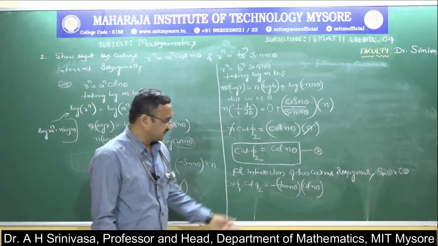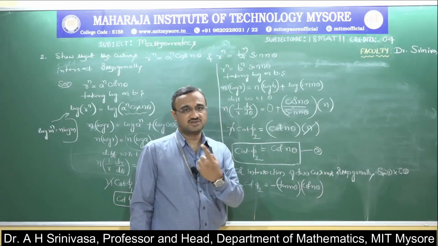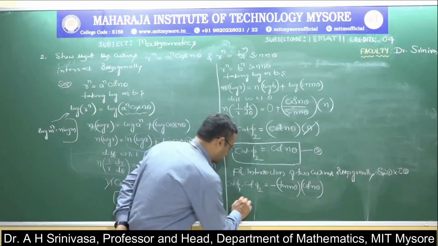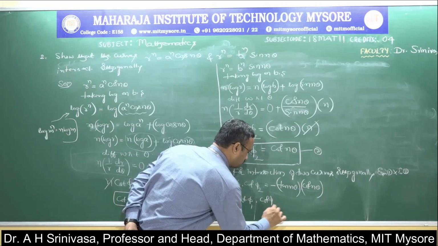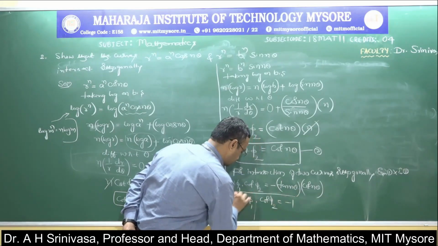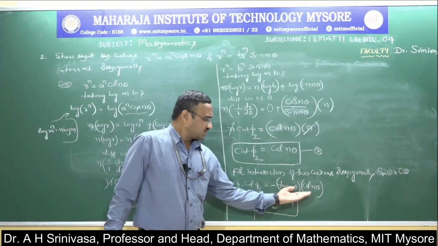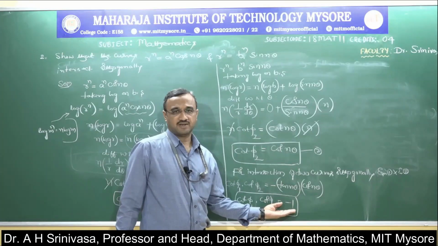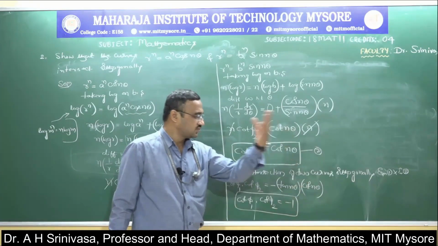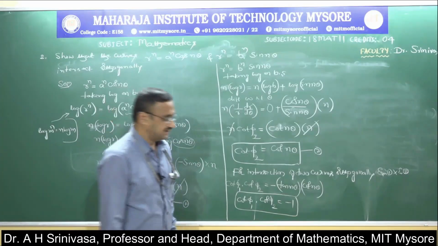You know the trigonometric identity: cot theta into tan theta is 1. Using that here, cot phi 1 into cot phi 2 should be equal to minus 1. If you cannot understand, you can write cot as 1 by tan, and on cancellation you also get minus 1. Hence the two curves intersect orthogonally.